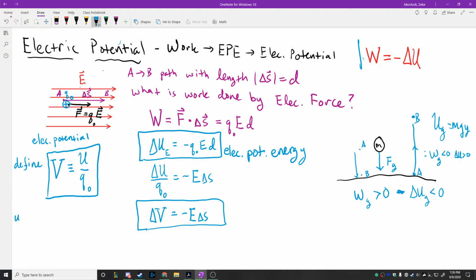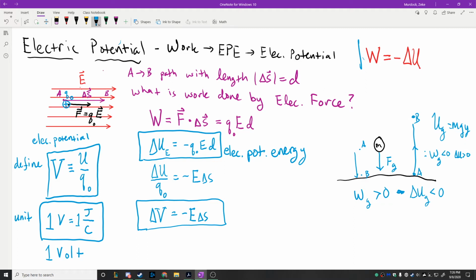The unit for this: 1 volt, capital V, is equal to 1 joule per coulomb, since energy is measured in joules and charge is measured in coulombs. That's a volt. And that is basically what electric potential is.